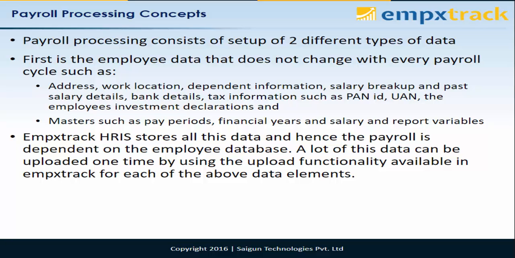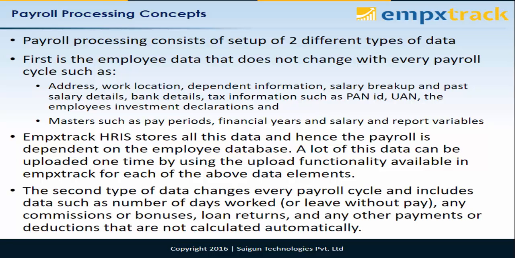Empxtrack HRIS stores all this data, and hence the payroll module is dependent on the employee database. A lot of this data can be uploaded one time by using the upload functionality available in Empxtrack for each of the above data elements.